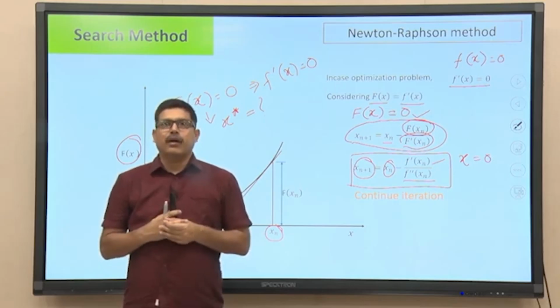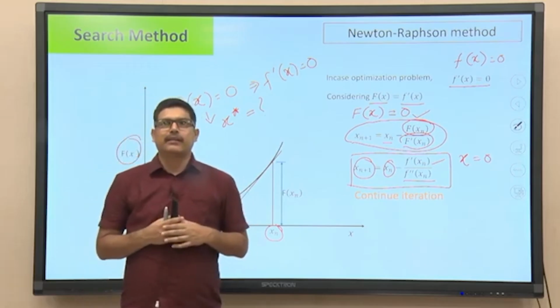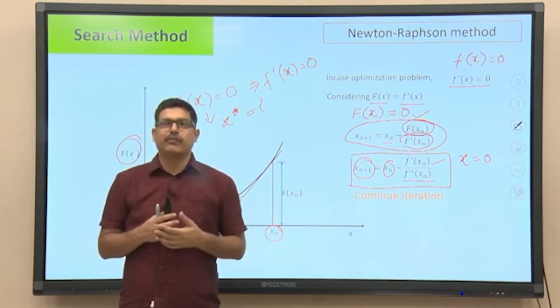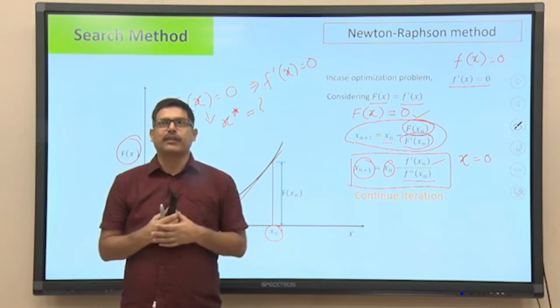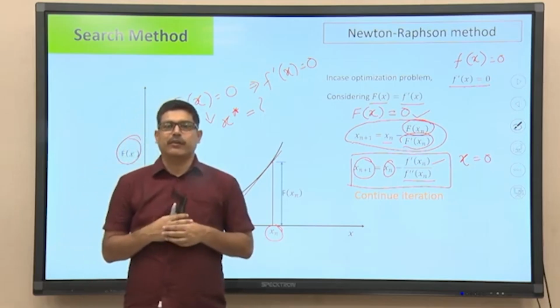Now, if you are working with a simple function, then in the program itself you can give the derivative of that particular function. But when you are working with a very complex function, derivative calculation is not that easy, and then it will be difficult to apply the Newton-Raphson method.